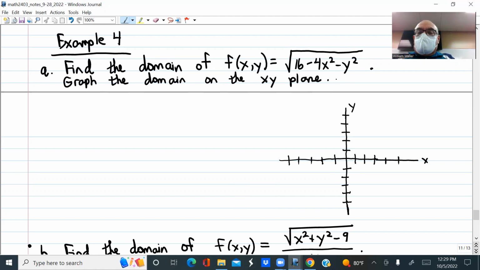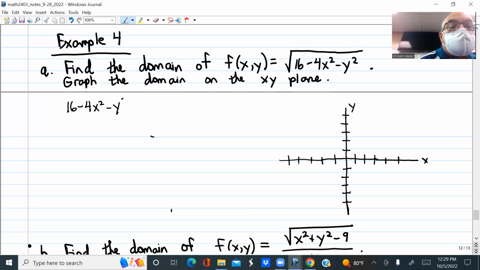Okay, but I don't think for this function the domain is going to be the entire xy plane. Because, of course, what's the issue in this formula that could be messing you up? The square root, right? We don't want to be taking square roots of negative numbers, correct, right? So we have to be careful to make sure that the radicand, the quantity under the radical there, is not negative, right?